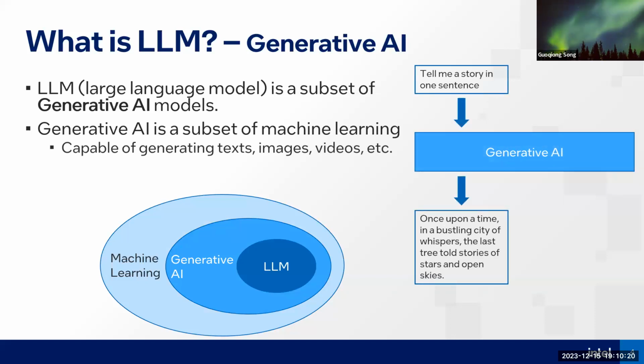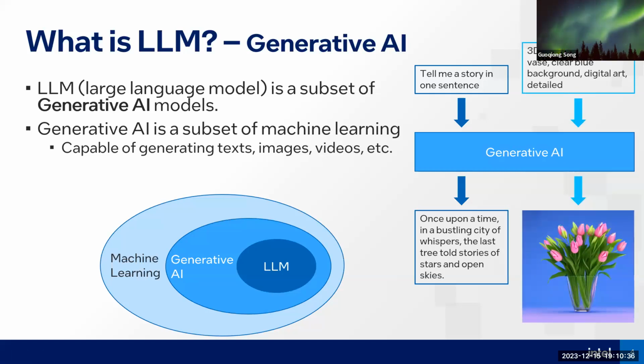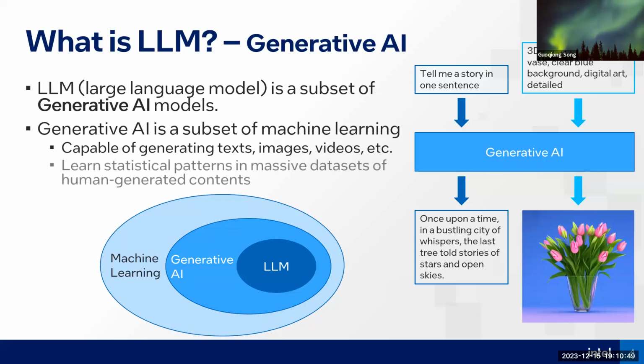Usually you put a prompt into a generative AI model, for example, you say, tell me a story in one sentence. This model might tell you, once upon a time, in a bustling city of whispers, the last blah, blah, blah, and it keeps going. If you tell the model, hey, give me an image of tulips, it might give you one. So it's a machine learning model that generates content.